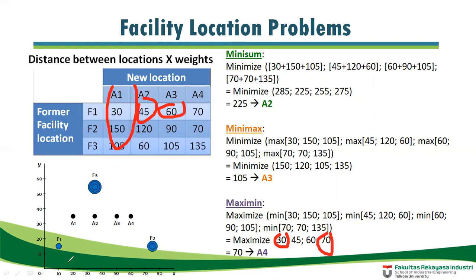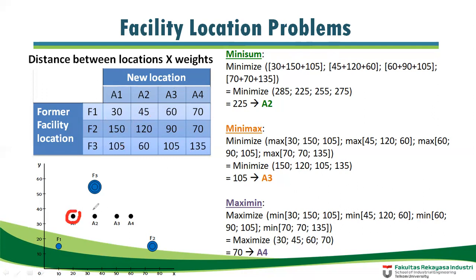And the bigger number can be found in A4. So we can put it in A4 for Maximin, optimizing the minimum of the distances for all the facilities.